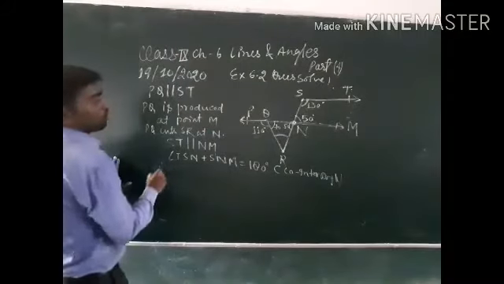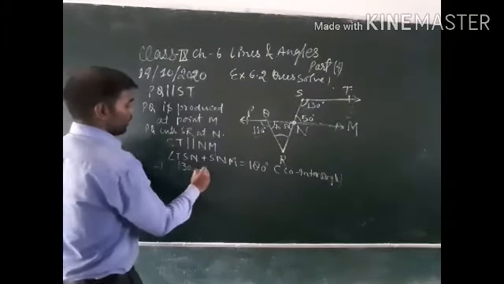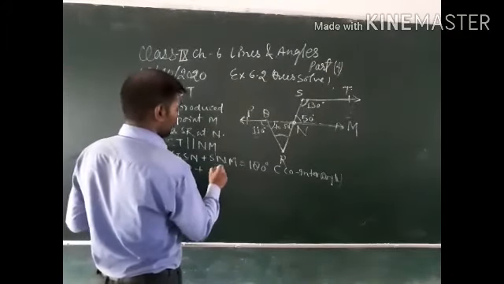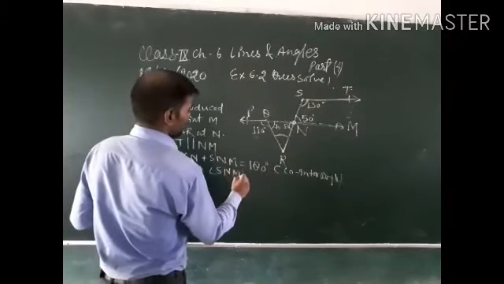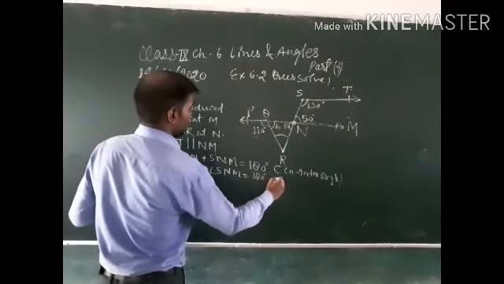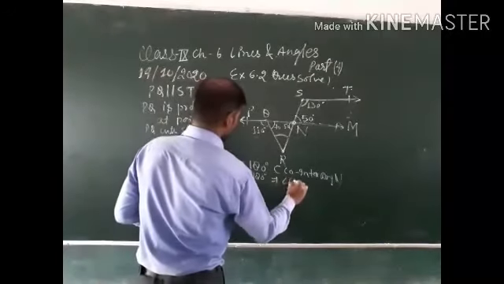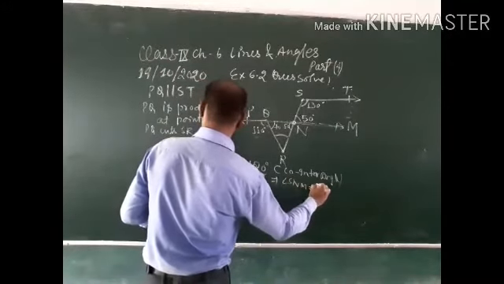We put the value of TSN as 130 plus angle SNM equal to 180, and we find angle SNM is equal to 50 degrees.